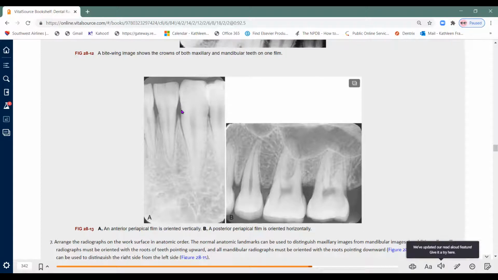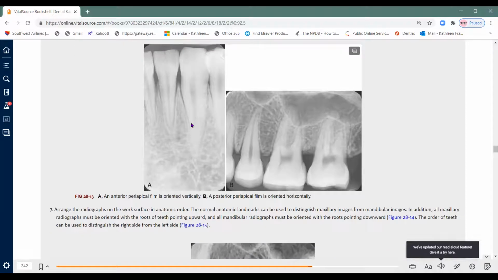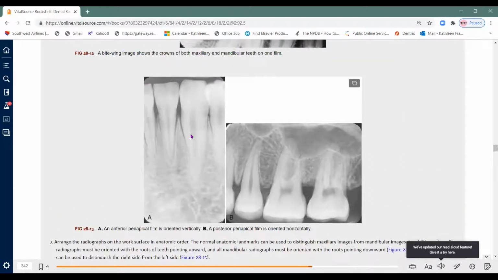If I compare that to your mandibular central incisors, our teeth are tiny on the mandible, which means that the crowns are tiny, the roots are tiny, they're shorter. So those are some things that you're going to look at when you're looking at your anterior periapicals to compare which ones are on the maxillary and which ones are on the mandible.